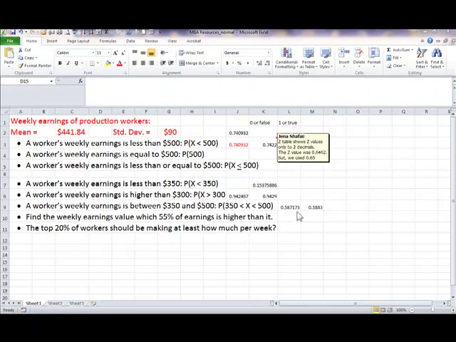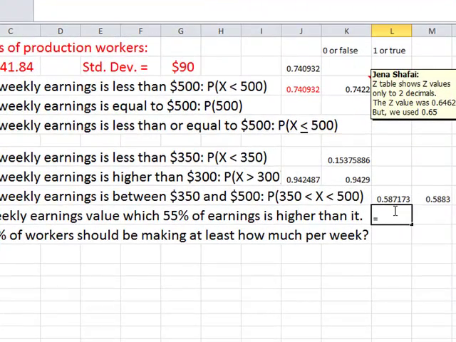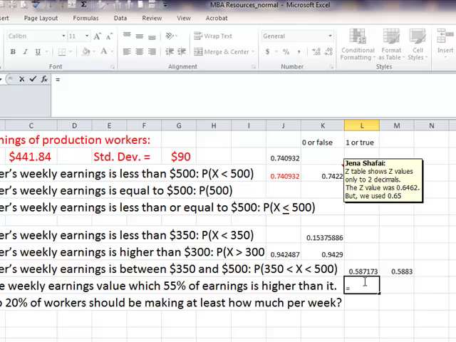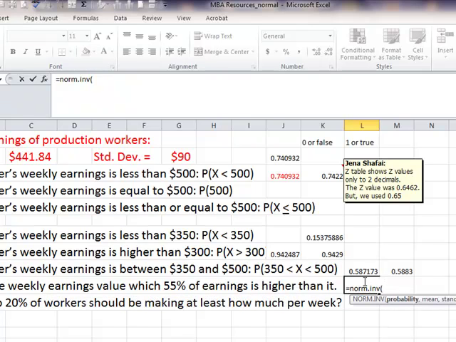Using Excel, now I solve with the function norm.inv. The probability I use is 0.45, which is the area to the left of the x value I want to solve for, then the mean, comma, standard deviation.